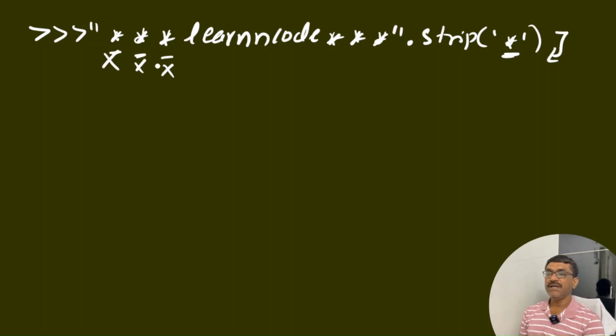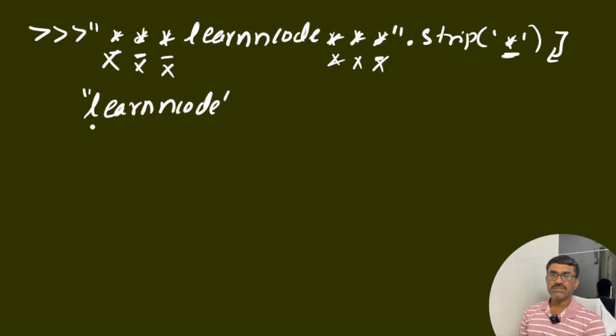After completing the leading stars, now it moves from the end. Again, there is a match with a star. This is removed from the end. The second star is also removed, and this star is also removed. And we are going to get the output learn and code in single quotes. This is the way to remove the leading and at the same time the trailing characters.